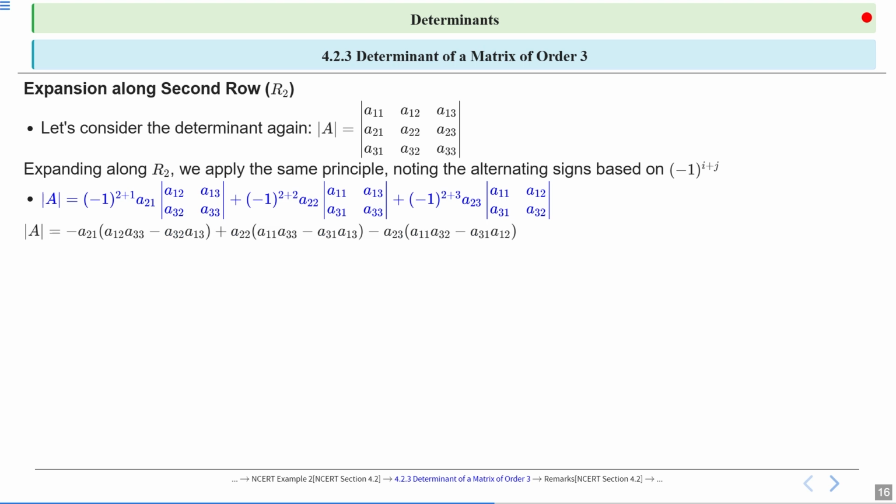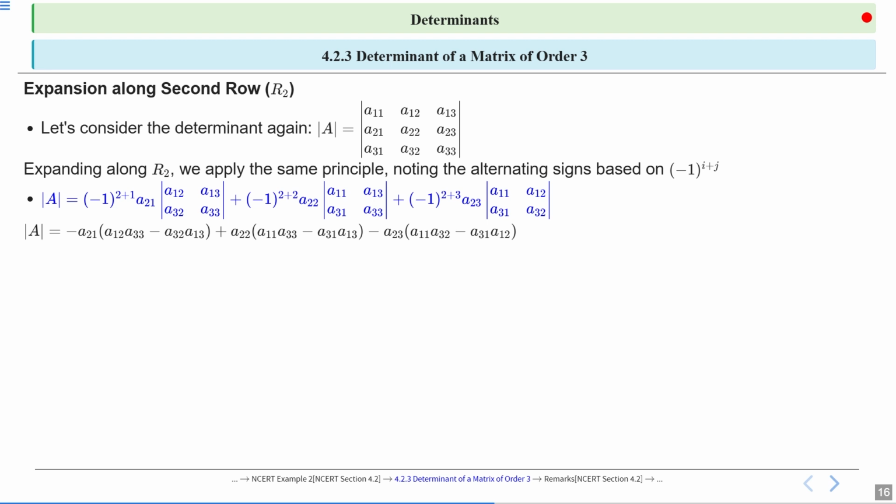By using the formula for a 2 cross 2 determinant, that is the product of diagonal elements minus the product of off diagonal elements, we get the determinant of A, that is minus A21 into the determinant of A12 into A33 minus A13 into A32. Similarly for the second term, minus 1 the power 2 plus 2 is plus, into A22, then A11 into A33 minus A31 into A13.